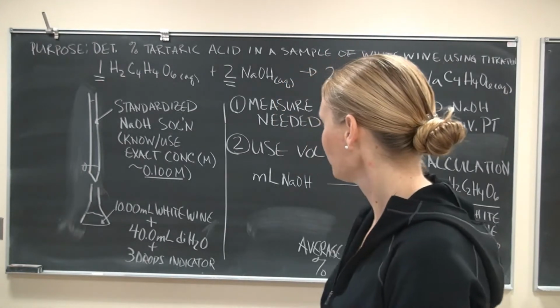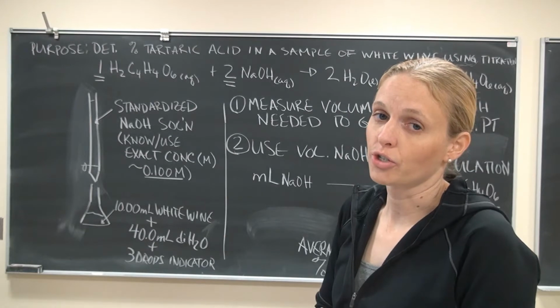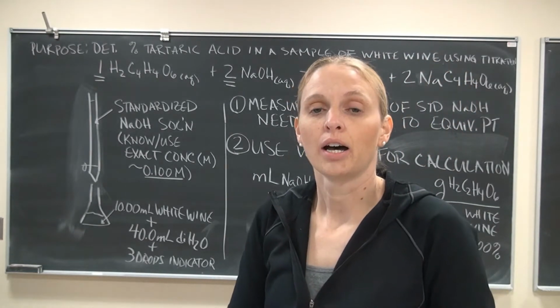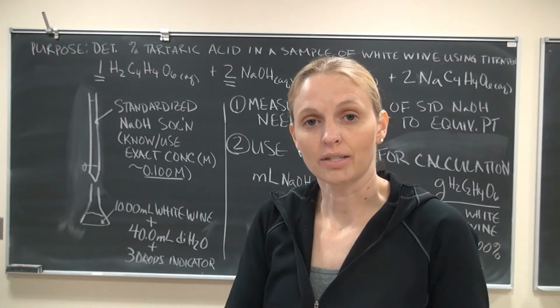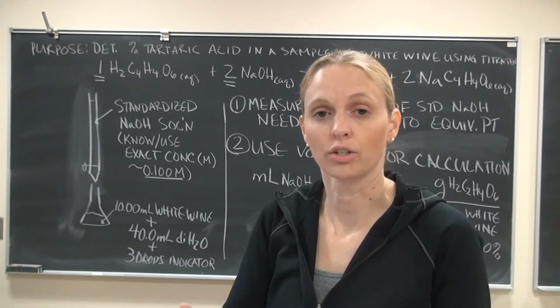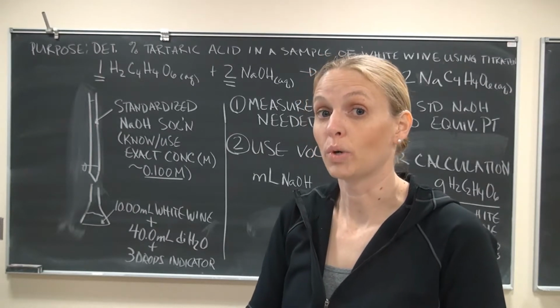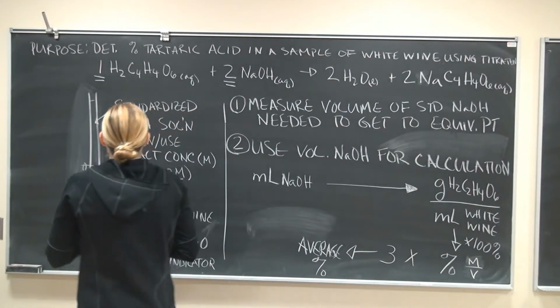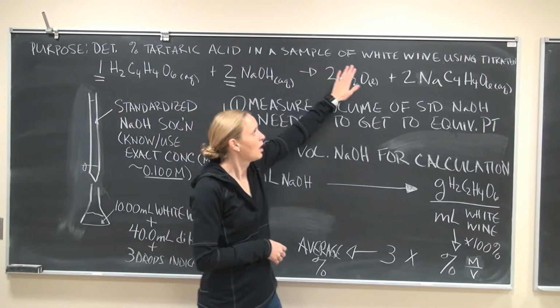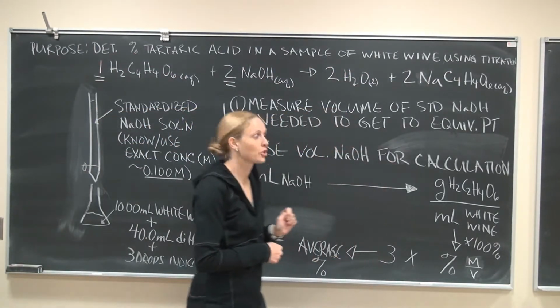Okay, so we're just going to assume that it's all tartaric acid. All right, so just a little introduction to the lab and very briefly guidance on the calculation, because this is the final, and hopefully you have had enough practice at this point and you're very comfortable and know what to do. So the purpose of the lab: we're going to determine the percent of tartaric acid in a sample of white wine using titration.